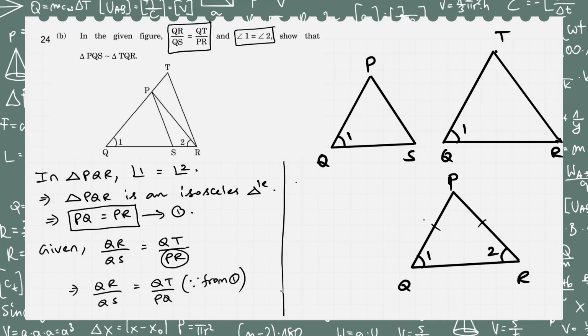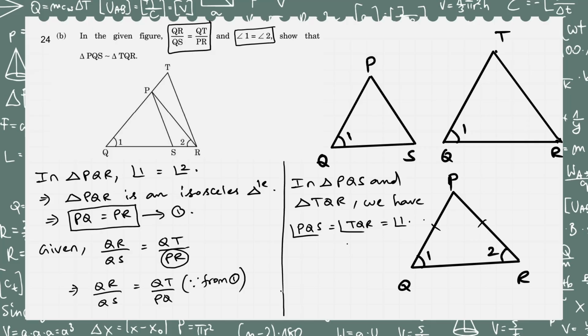Now continuing further, in triangle PQS and triangle TQR, we have angle PQS equal to angle TQR, both are equal to angle 1, and the reason is Q is a common vertex.